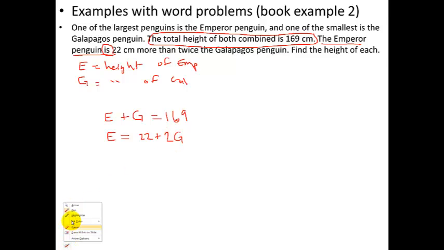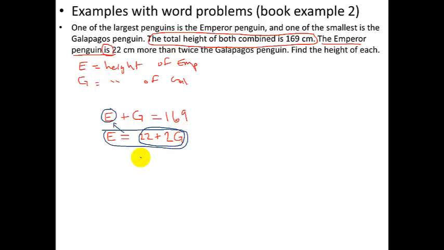So this equation is set up really nicely for us to solve using substitution. Because this equation is already solved for E, I can plug it in right there. In place of this E, I'm going to plug in 22 plus 2G. So I'll get 22 plus 2G, that's my E, plus G equals 169.